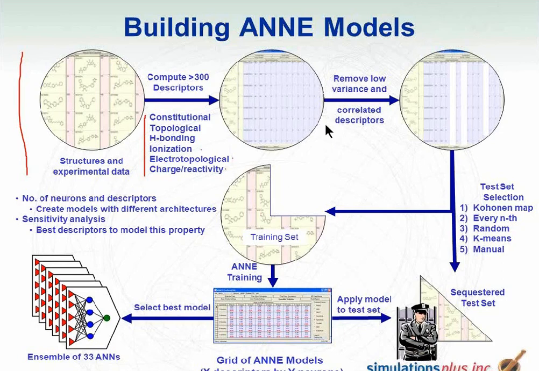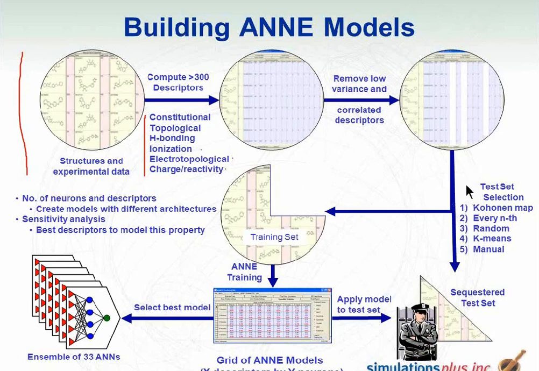And if they don't vary from row to row, they're not going to be any good in describing the variation in the property. We also do a pairwise correlation of all the descriptors, and if two descriptors are highly correlated, we'll remove one of those descriptors to avoid redundancy in the descriptor space.